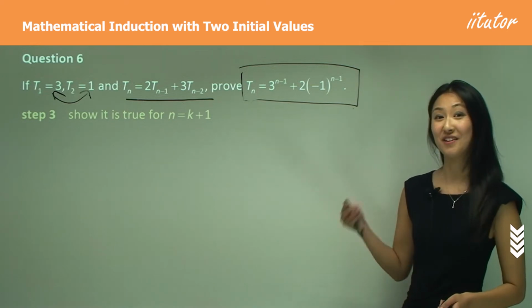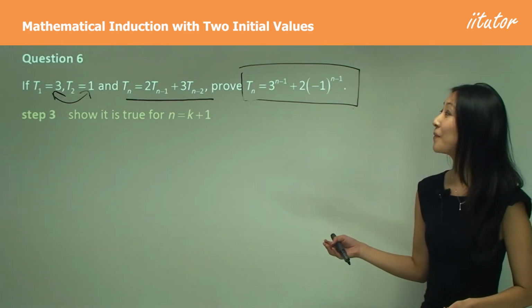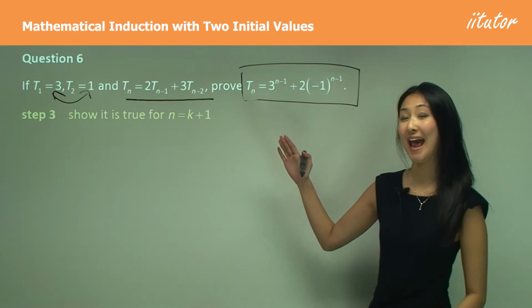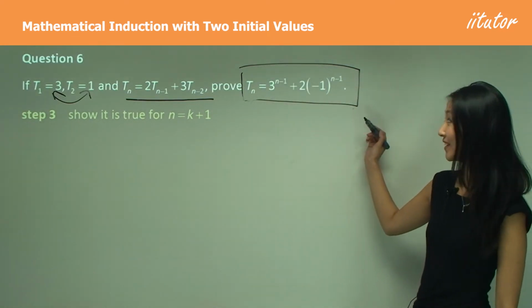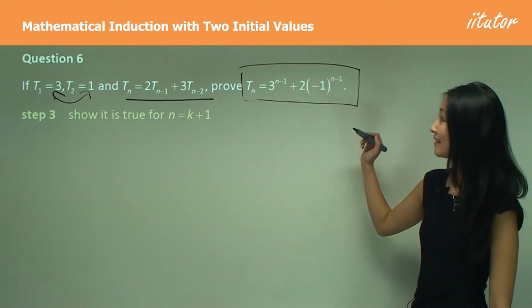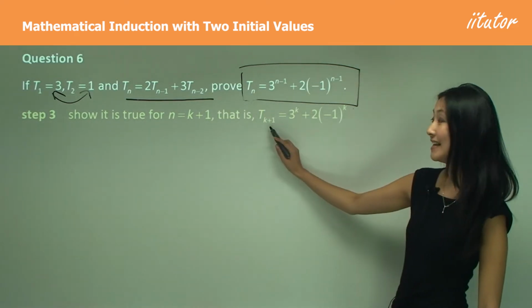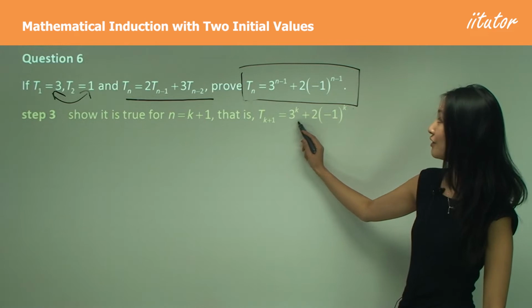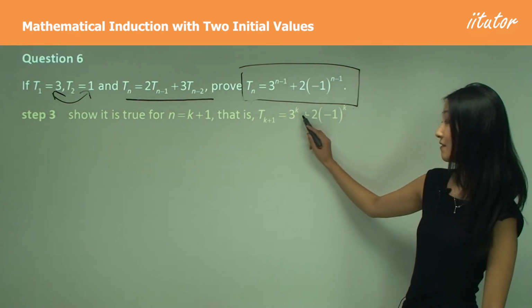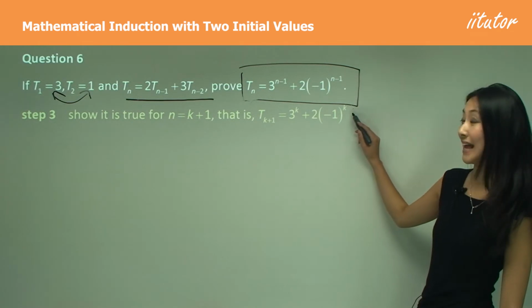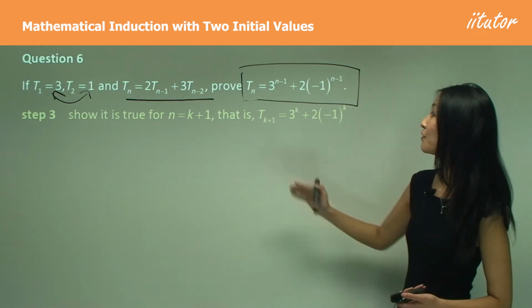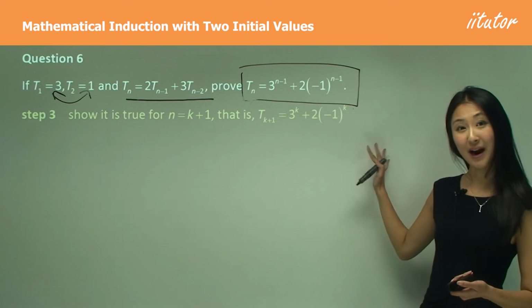So now we can move on to step 3, where we want to show that it is true for n equals k plus 1 for this equation over here. So substituting in k plus 1, we have t k plus 1 equals, k plus 1 minus 1 just gives me k, and over here k plus 1 minus 1 gives me k as well. So I want to prove that the left hand side equals the right hand side.